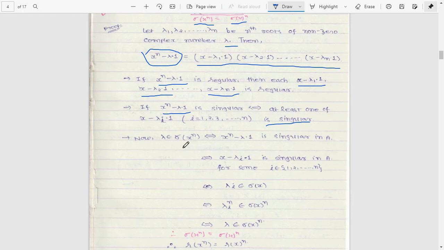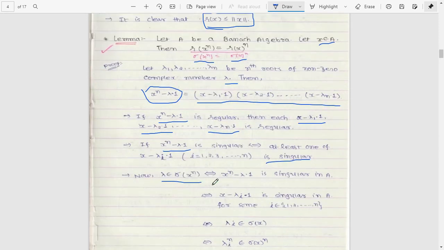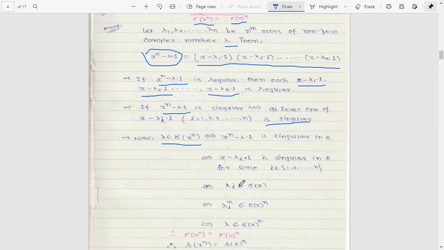Now lambda belongs to sigma of x raised to n if and only if x raised to n minus lambda into 1 is singular, if and only if x minus lambda_i into 1 is singular in A for some i belonging to 1 to n, if and only if lambda_i belongs to sigma of x, if and only if lambda_i raised to n belongs to sigma of x raised to n, which implies lambda belongs to sigma of x raised to n.